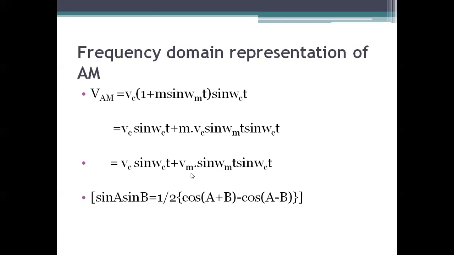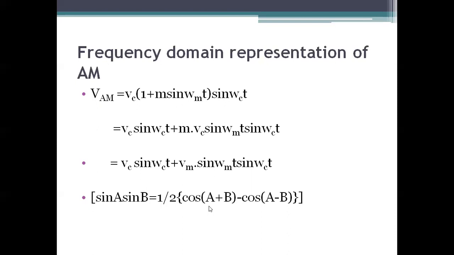Now again we are using one more trigonometric identity, that is sin A into sin B, which is nothing but half of cos(A plus B) minus cos(A minus B). Here A is the higher frequency, that is the frequency of the carrier, and B is the frequency of the modulating signal.